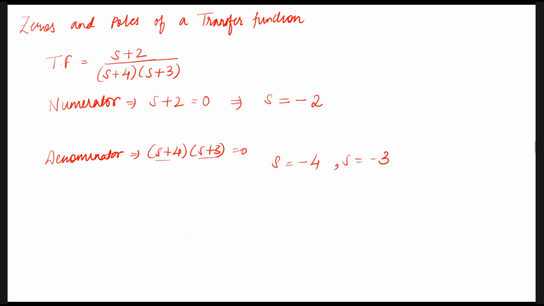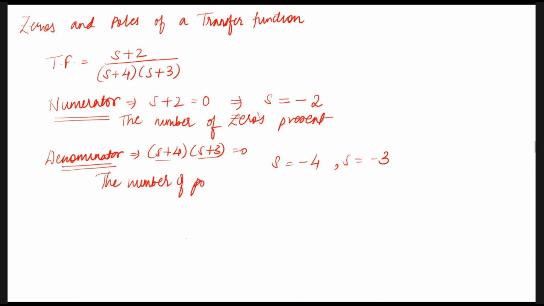So, here the numerator will indicate the number of zeros present, and the denominator will indicate the number of poles that are present.